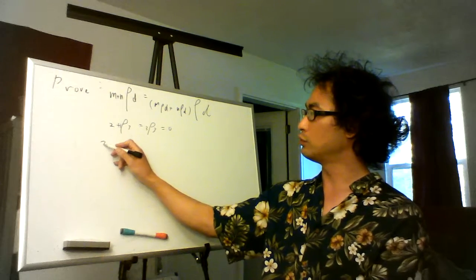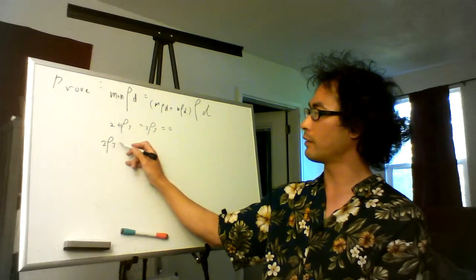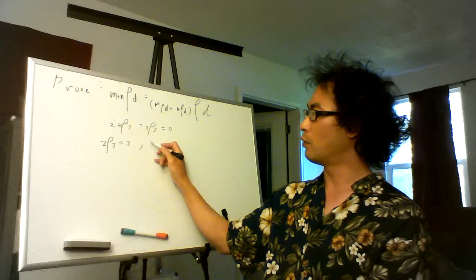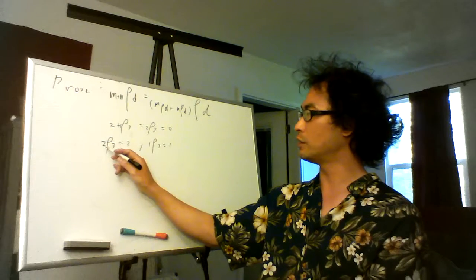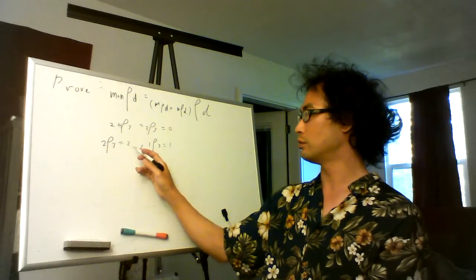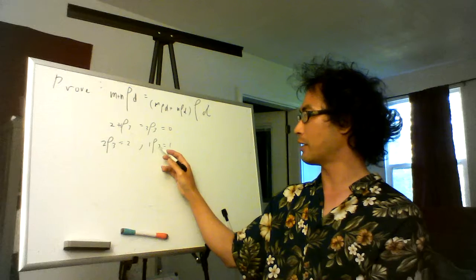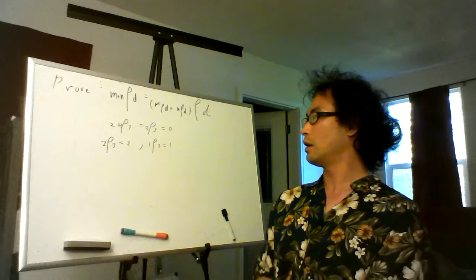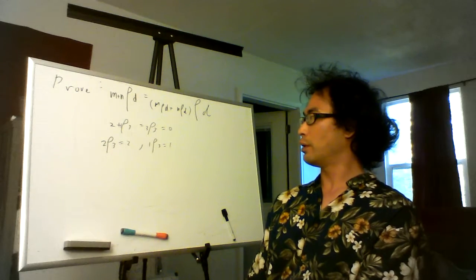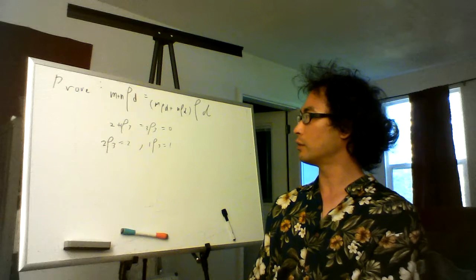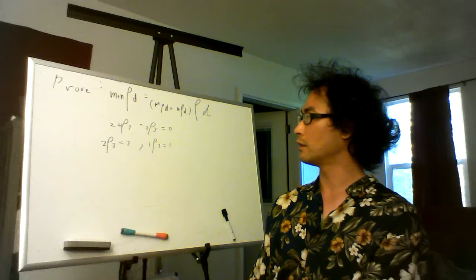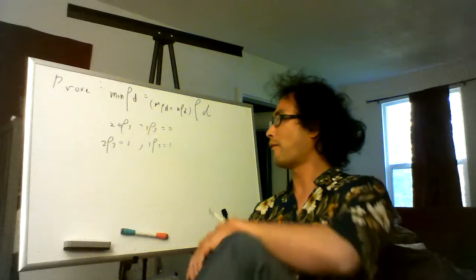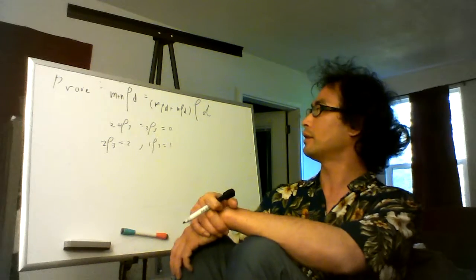And 2 row 3 is 2. 1 row 3 is 1. 2 divided by 3, remainder 2. Okay, 1 divided by 3, remainder 1. Okay, so let's prove this.